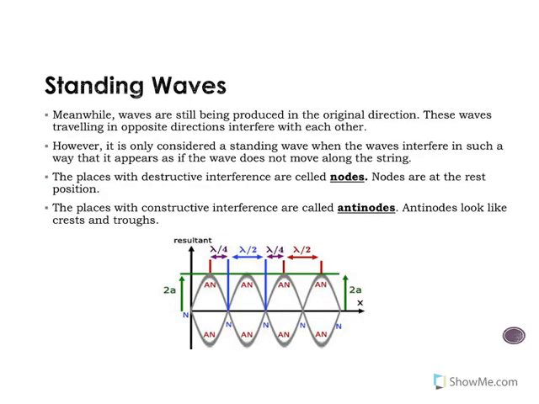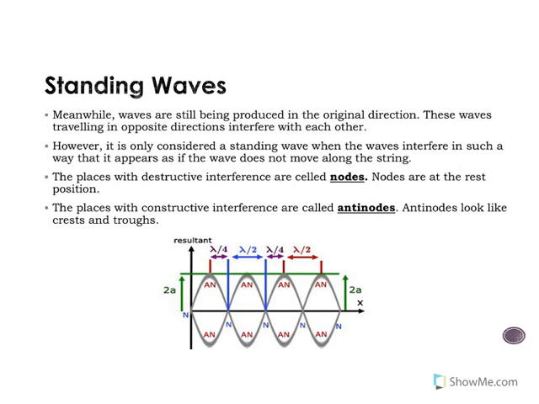Meanwhile, waves are still being produced in the original direction, and these waves traveling in opposite directions interfere with each other. However, it's only considered a standing wave when the interference is such that it appears as if the wave does not move along the string. The places with destructive interference are called nodes.